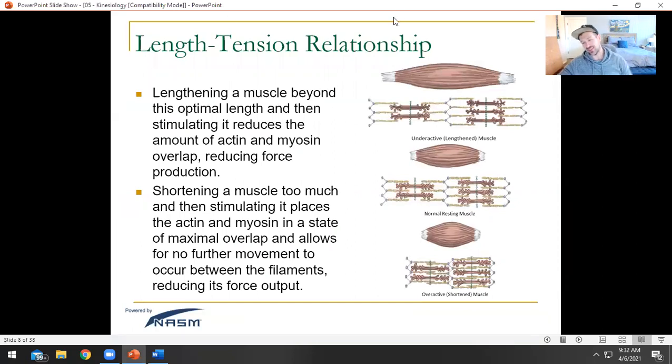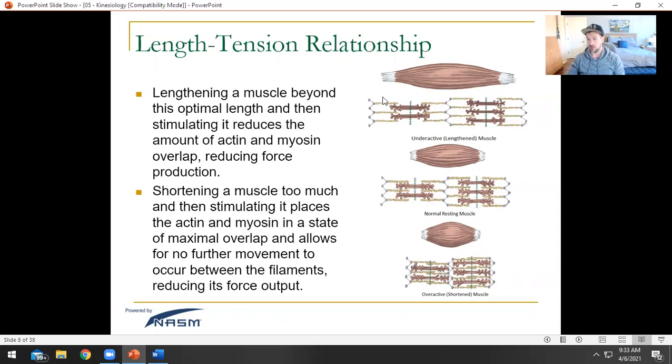All right. So when we take a look at this, the relationship with this concentric contraction is that the muscle is in a shortened position, whereas the opposite muscle, the antagonist muscle, has been eccentrically lengthened into a long position. So this muscle's ability to produce force concentrically is reduced.